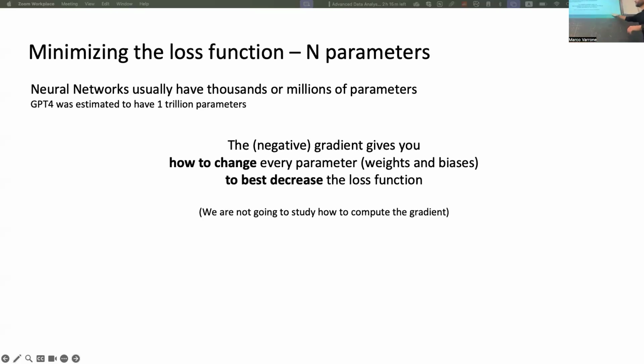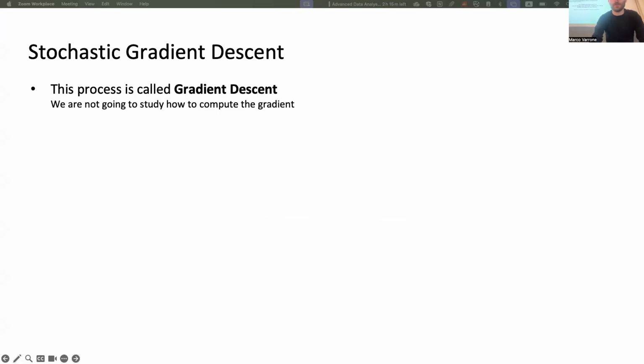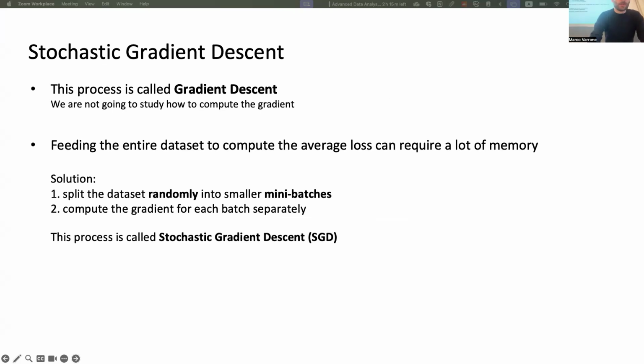And as I've mentioned, the negative gradients give you how to change these parameters, so weights and biases, to decrease the loss function as much as possible. But again, we're not going to see how to compute this gradient. So this process is called gradient descent because you have to go down the gradient to lower your loss.